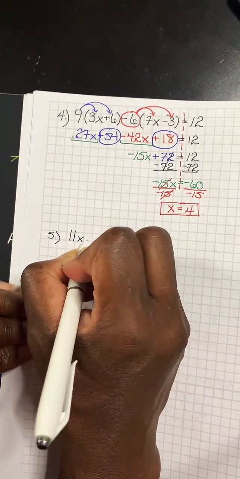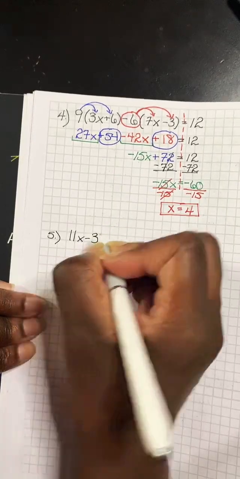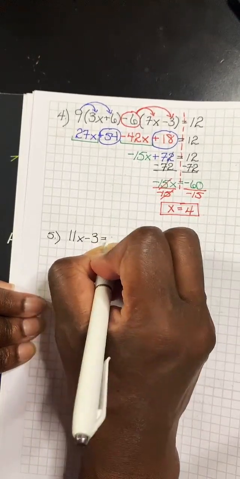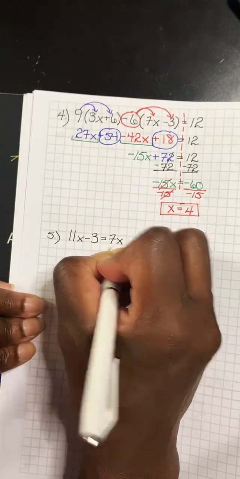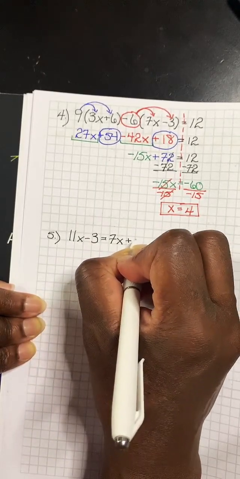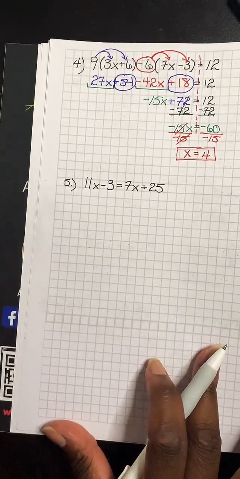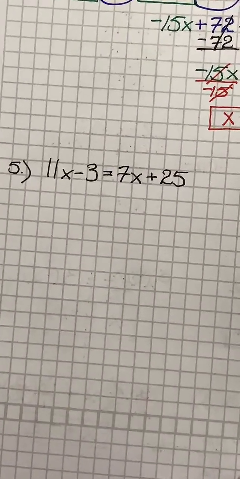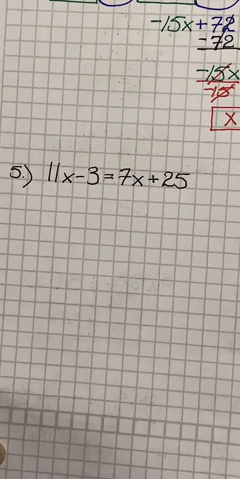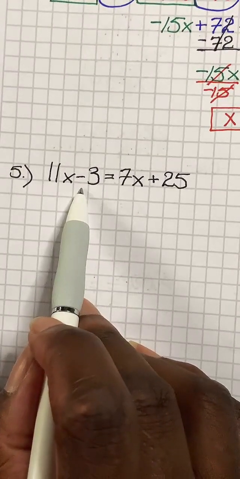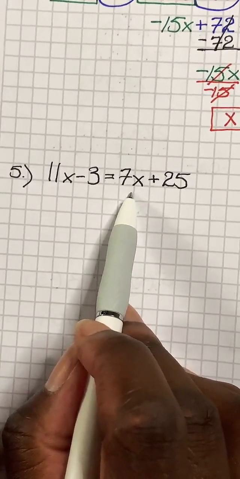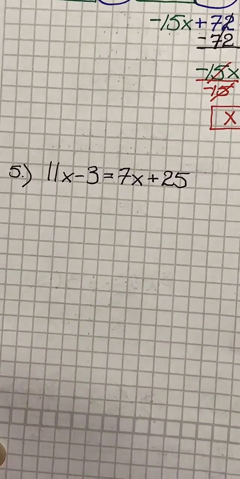We got 11x minus 3 equals 7x plus 25. I'm going to see if I can zoom in so everyone can see. So we have 11x minus 3 equals 7x plus 25.